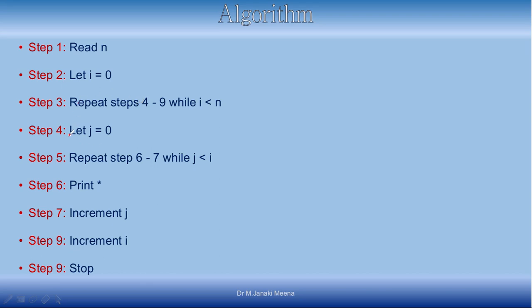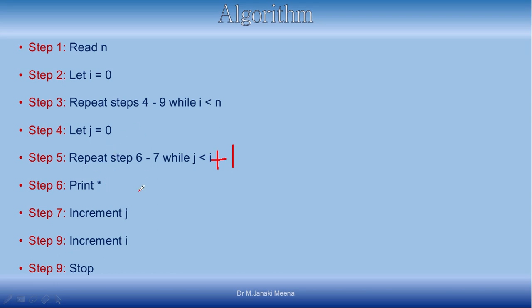Inside each one, when I am going to print a row, I have to print some number of times. How many times? i times, right? So I have to use i plus 1. That will be the correct thing. It should be less than i plus 1 because I start from 0. It depends on how we start.